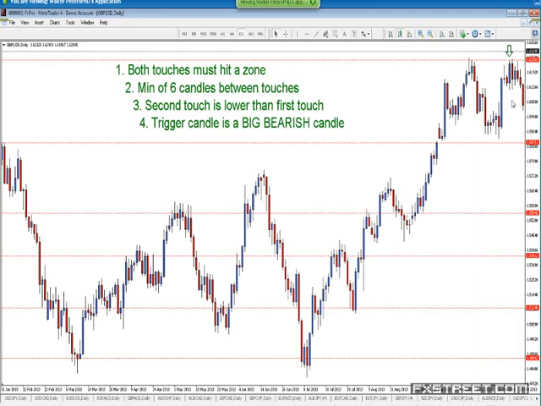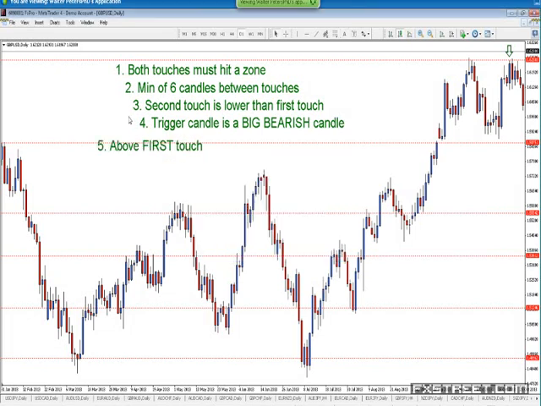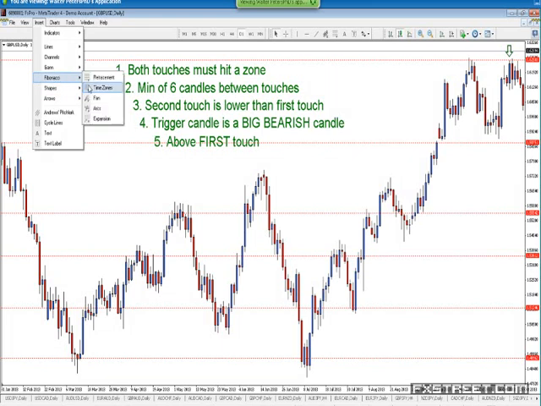And what I would say is now we're off to the races, right? The stop loss, which is the number 5 here, is above the first touch. Not the second top, but the first top on the double top. So it's actually up here. Let me draw it in so you can see.